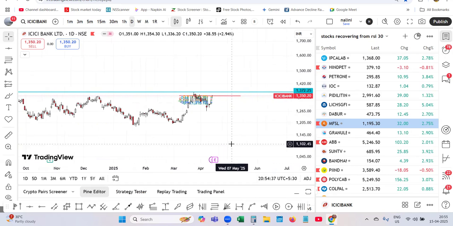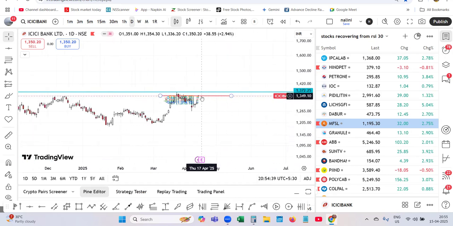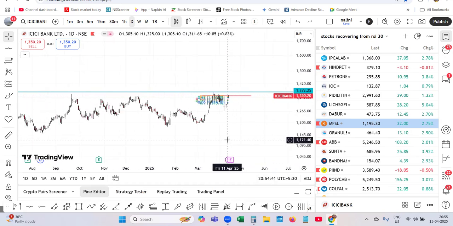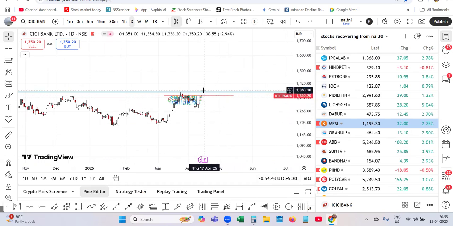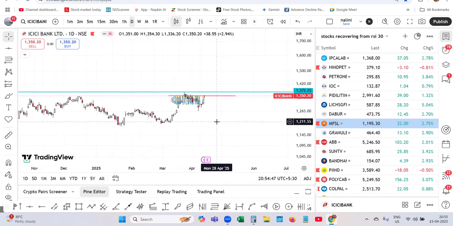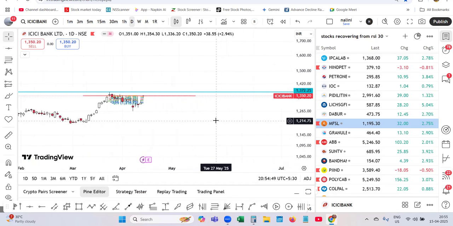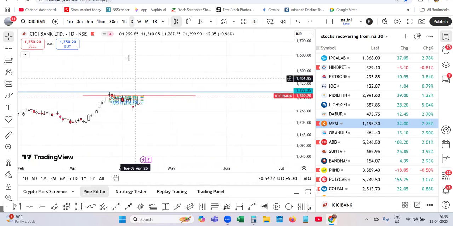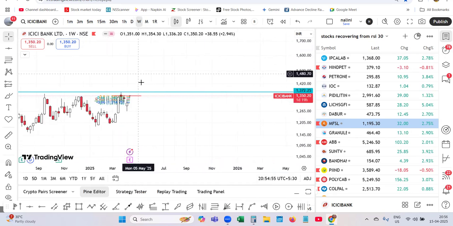Or it may face resistance. It may cross 1373 and may go up to 1420 also. These are the stocks, nothing but breakout stocks, weekly breakout stocks.